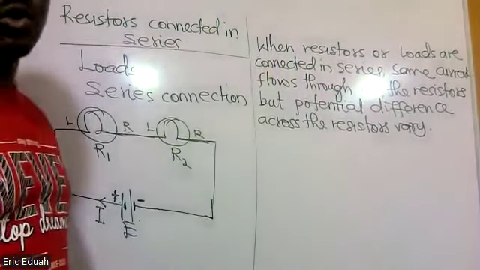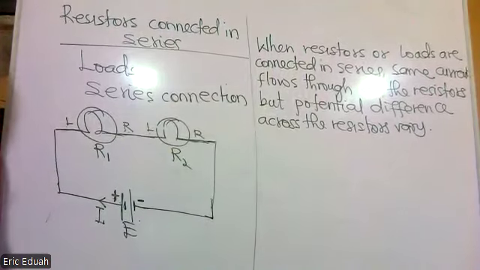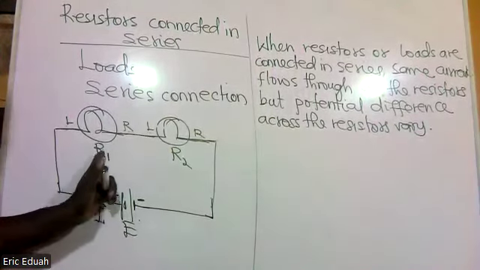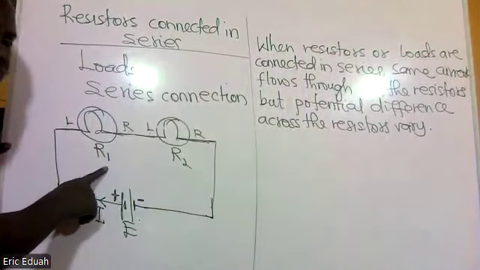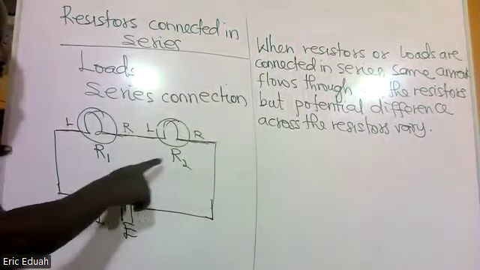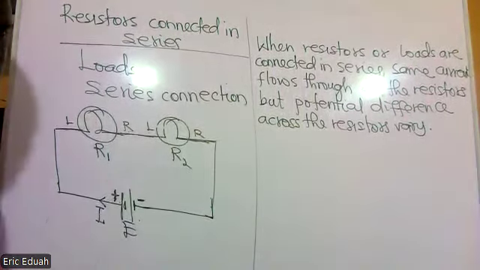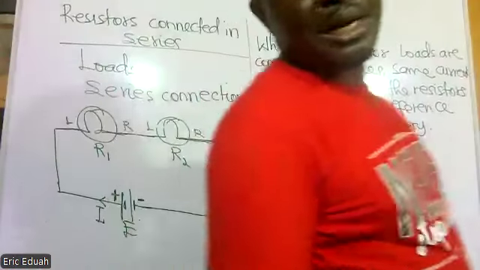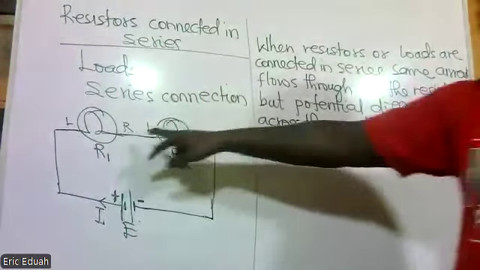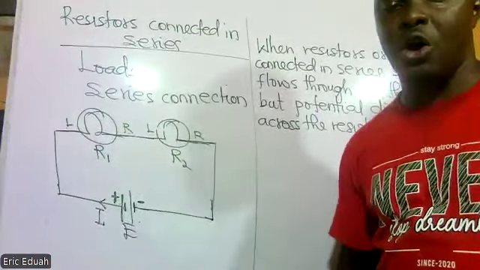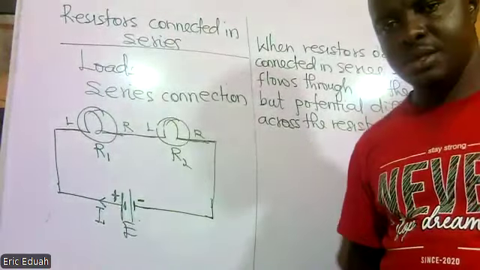So it is similar to this scenario. The resistance of R1 is different from R2, but you have the same current flowing through all the loops.